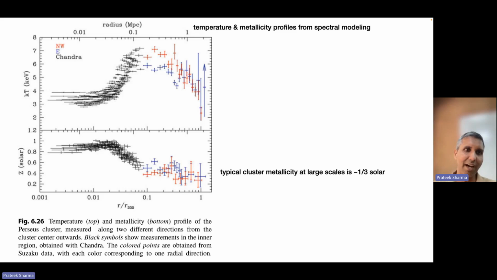Okay, the metallicity is high at the center because most of the star formation happens at the center. The outskirts were less polluted, and the typical metallicity associated with a galaxy cluster at large scales is about 1/3 solar. That's the typical number that people assume. So remember, all the metals in the universe are produced in stars, right? All these metals which are so far away in galaxy clusters and even in the intergalactic medium were once inside stars.